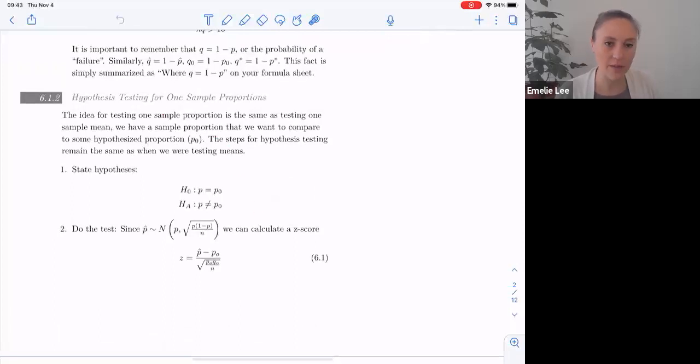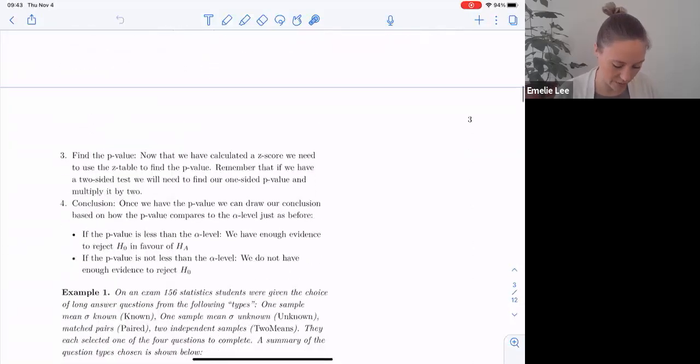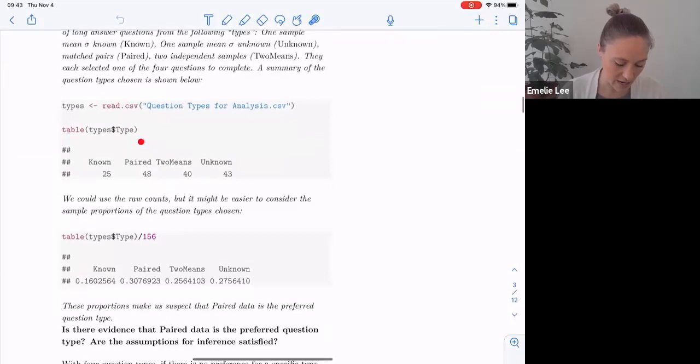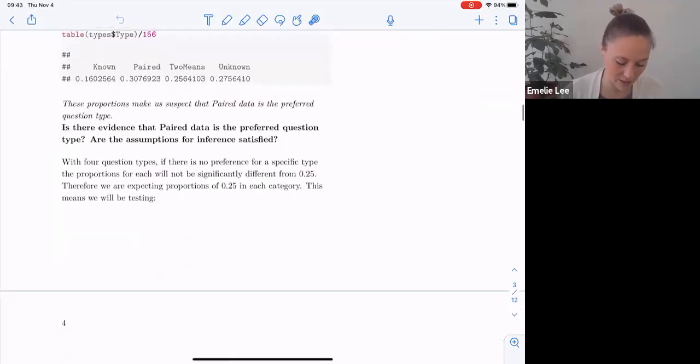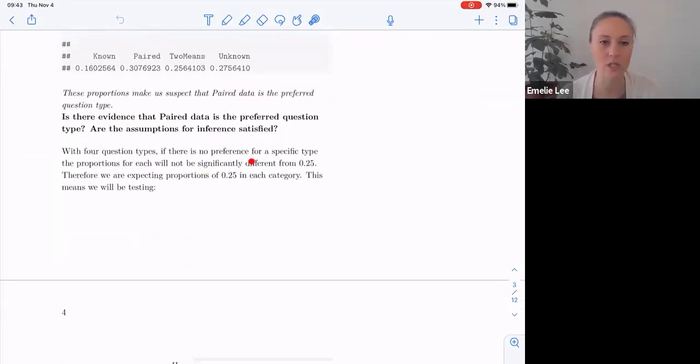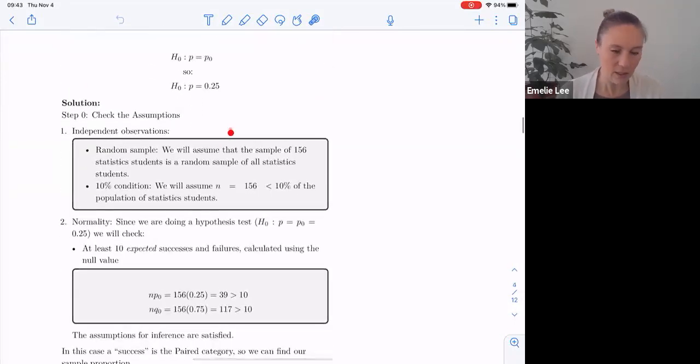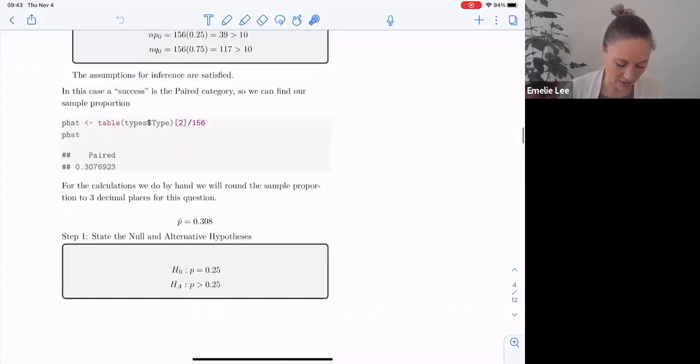And so talking about the hypothesis tests, in general, this is what we were talking about. I'm not going to use this example. I want to use a different example, but I have it shown how you could do it in R if you don't want to do it by hand, right? And this one's a little bit of a tricky question to think about, but it goes through and talks you through how to check your assumptions and all that fun stuff.